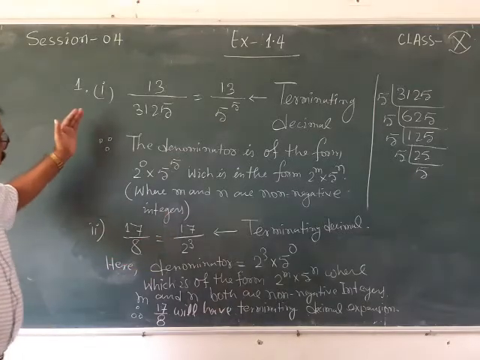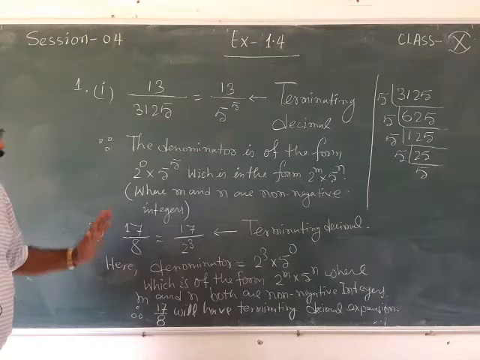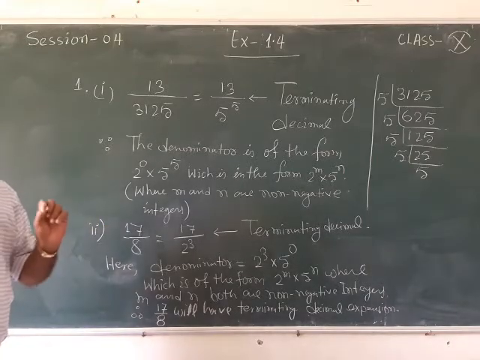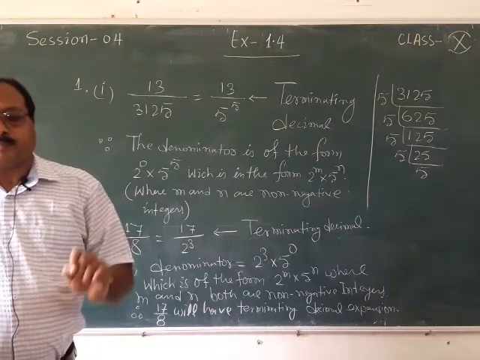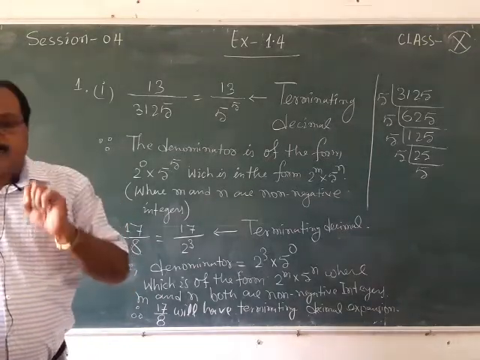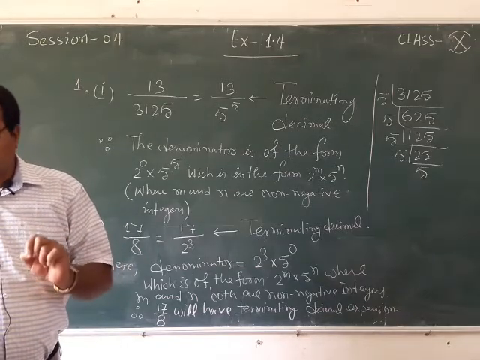Now, after doing questions 1 and 2, you are clear how to decide whether the given rational numbers have a terminating decimal expansion or a non-terminating decimal expansion.